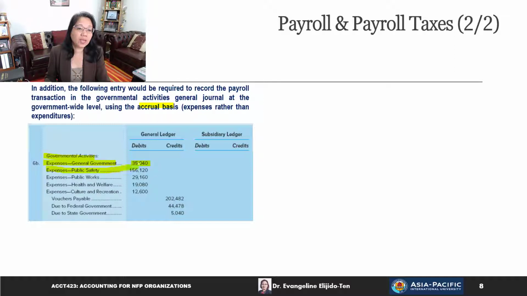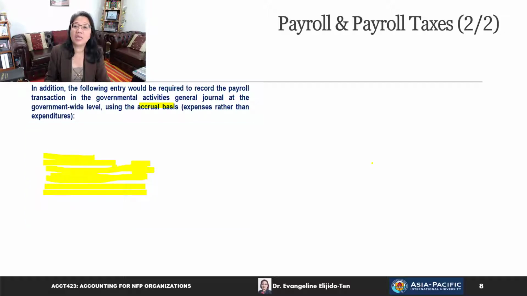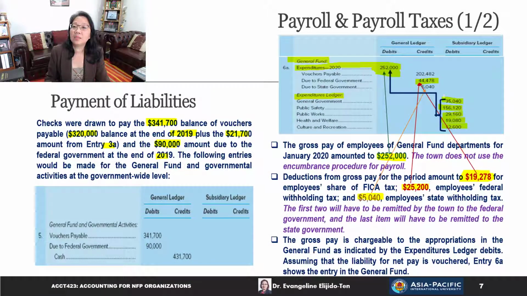Debit also expenses public safety for 156,120. Debit also expenses public works, health and welfare, and culture and recreation. You might ask, where are these figures coming from? Well, this is exactly the same figures that came here, the one that we have used in the subsidiary ledger at the general fund level.